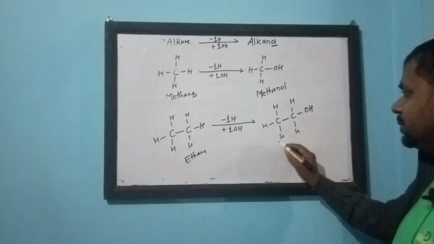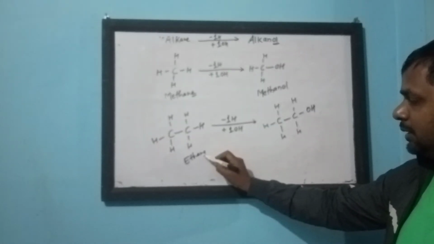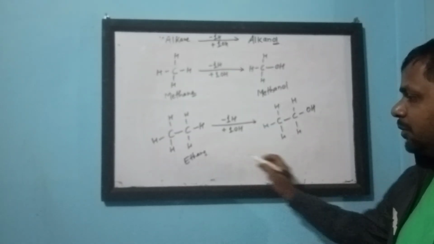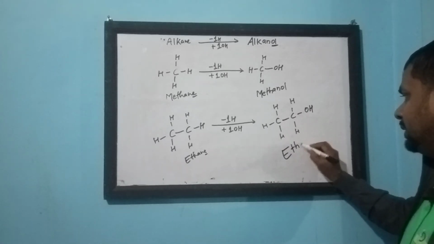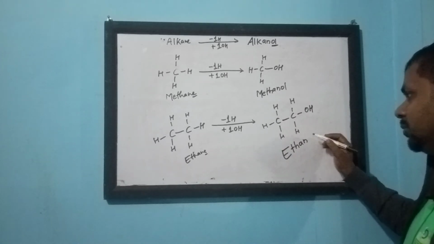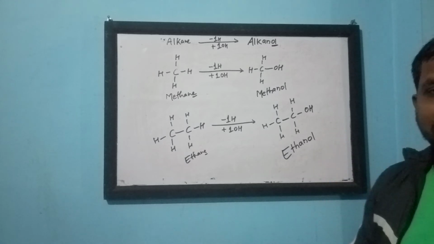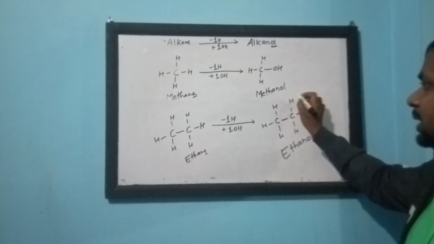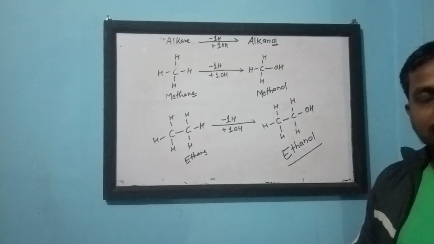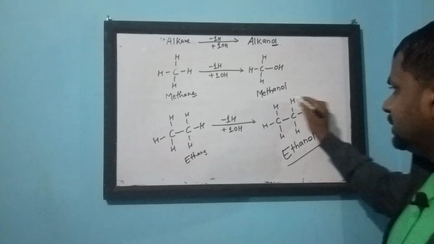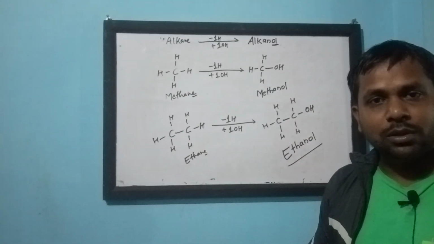In ethane, the E is removed and OL is kept here. This is the structure of ethanol. I hope you are understanding this.